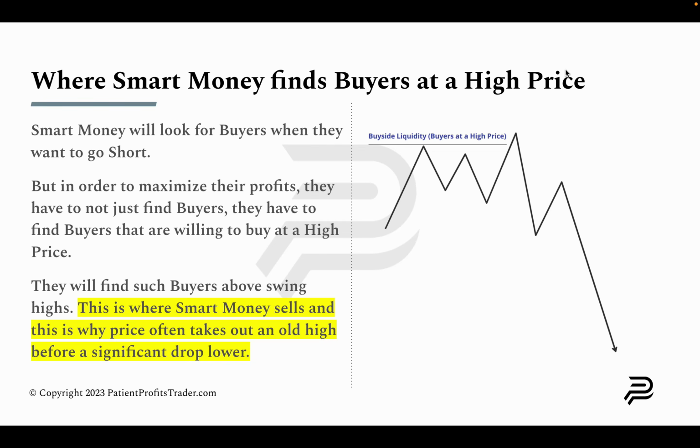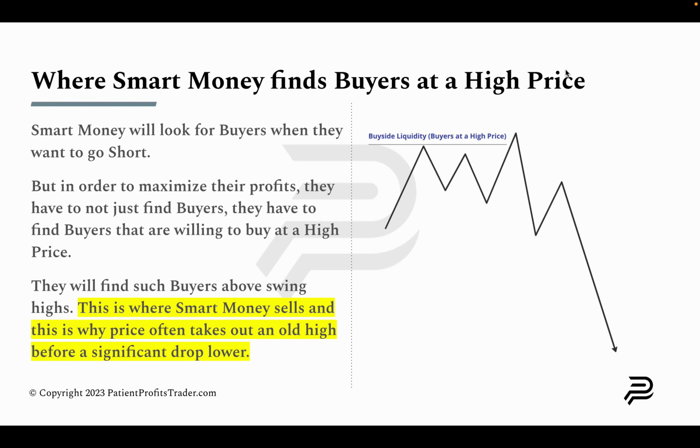And once that order pairing is done between these buyers at a high price and smart money that wants to go short, then the price turns and drops. So smart money knows that above these highs, they're going to find buyers at a high price, buyers that are willing to buy in a premium.